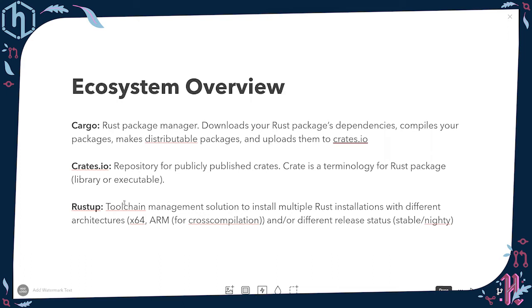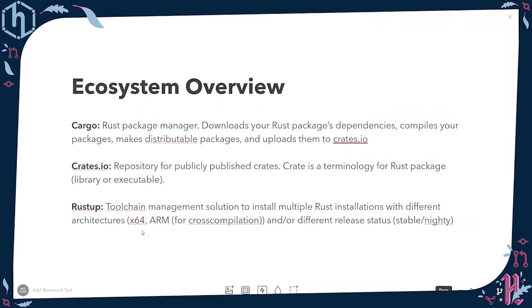Then you have your toolchain management solution. Since it's a compiled language, you probably want to compile it for your architecture or cross compile it to a different architecture. Let's say I'm working on an x64 machine and I want to compile it for ARM to run on my mobile or somewhere else. So you need to cross compile.